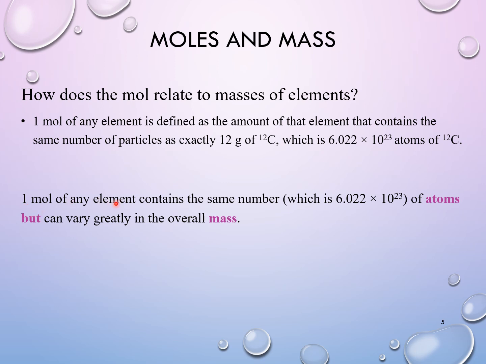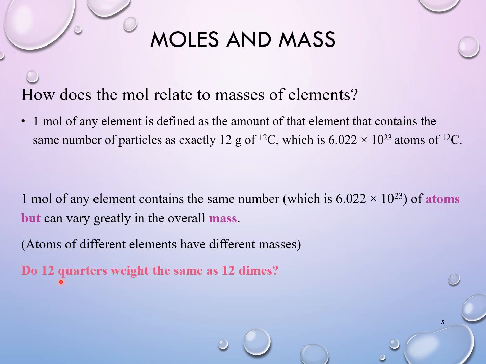1 mole of any element has the same number, which is 6.022 times 10 to the power 23 atoms of any element. But these elements, if they're 1 mole each, can vary greatly in mass, just because atoms of different elements have different masses.